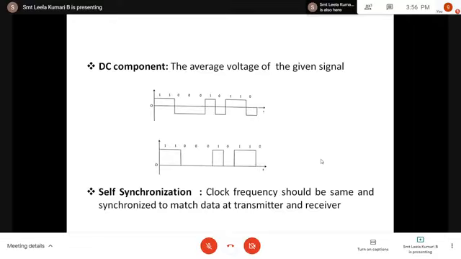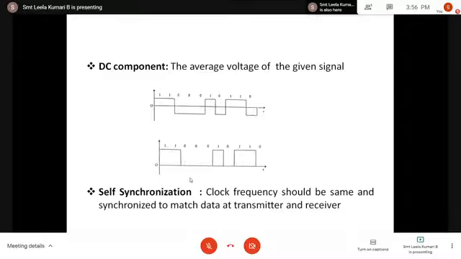Hence, signals with zero DC component are preferred techniques to transmit the data over the channel. If you consider this particular example, everything is represented by means of positive pulses. Therefore, the DC component is not zero.